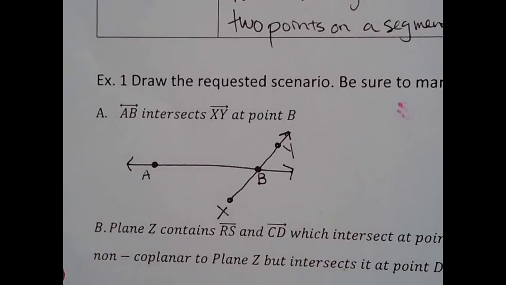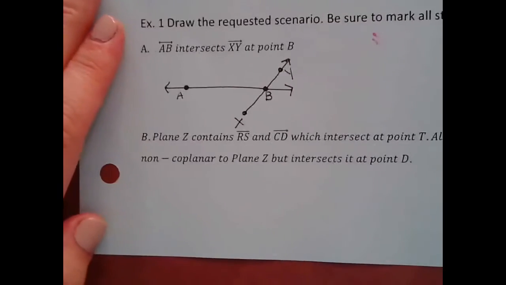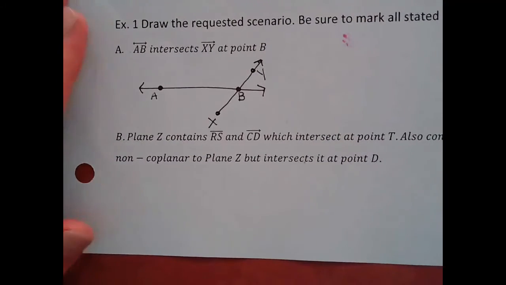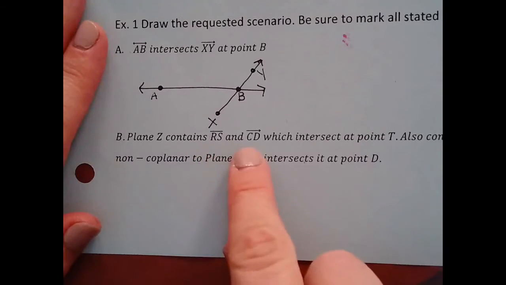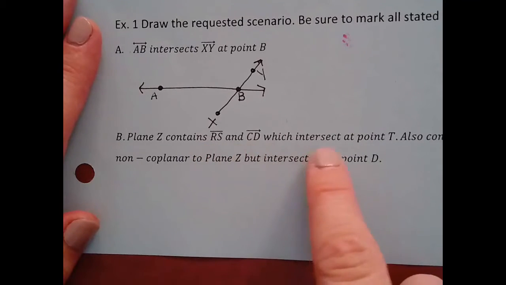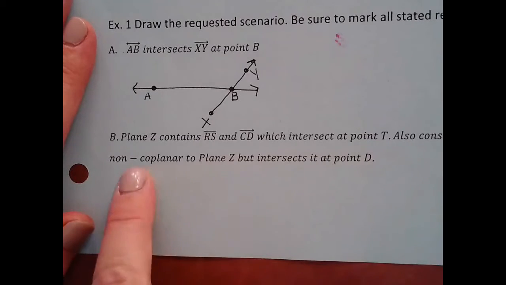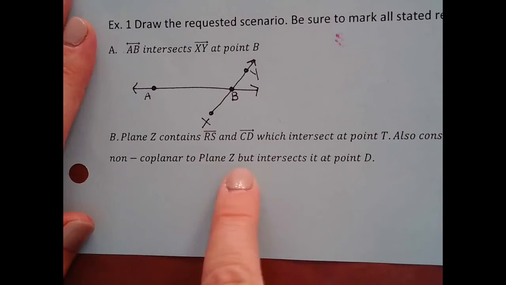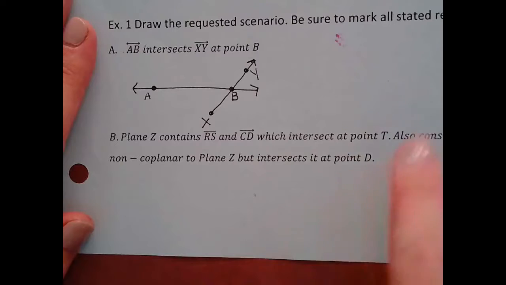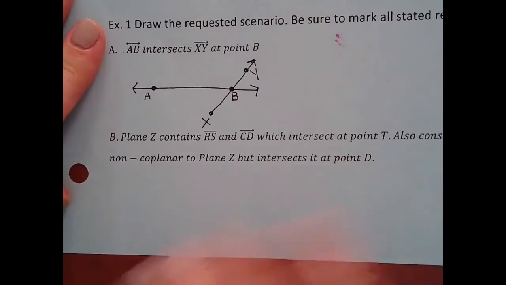Part B, it says plane Z contains segment RS and ray CD which intersect at T. Also construct line AD that is non-coplanar to plane Z but intersects it at point D. That's a lot going on. All right. My suggestion with this, break it up into bite-sized pieces and check it off as you do it. And there's no shame in doing it and erasing it and fixing it.